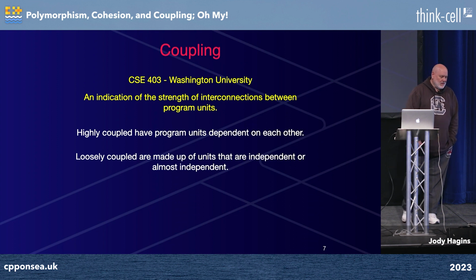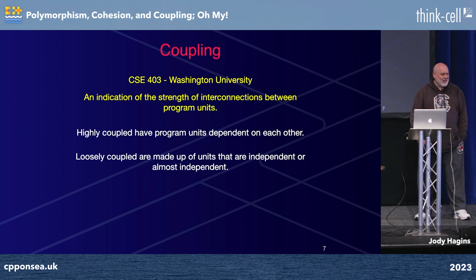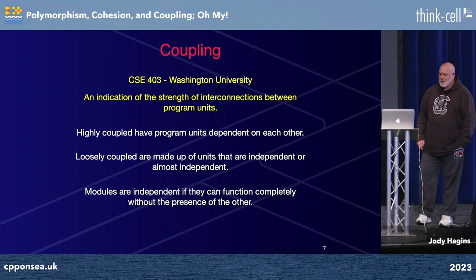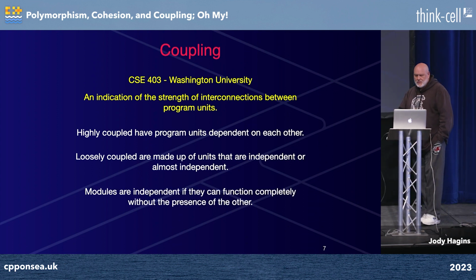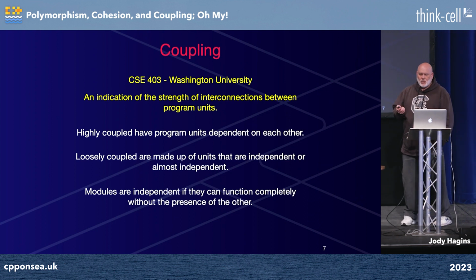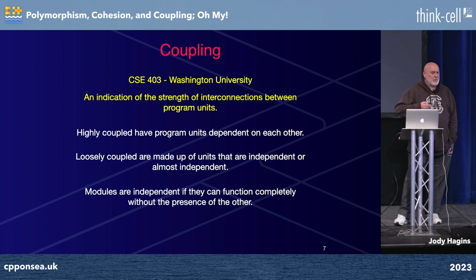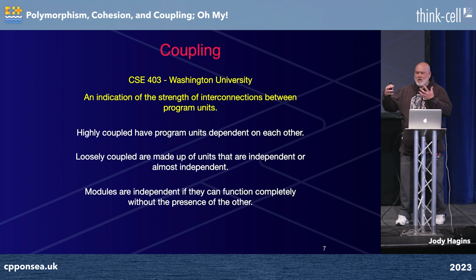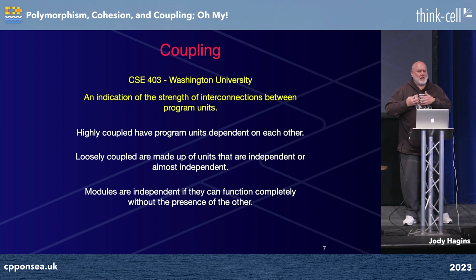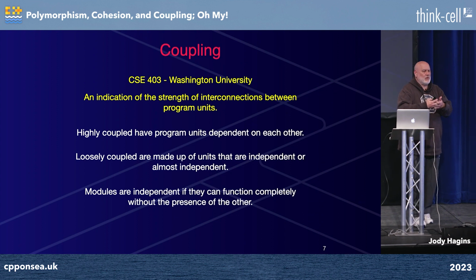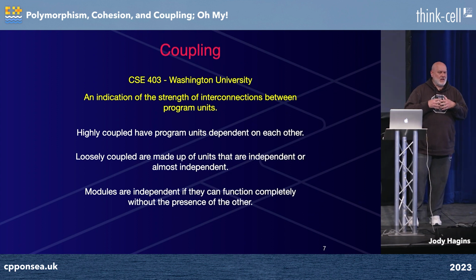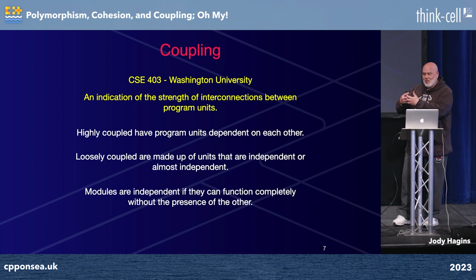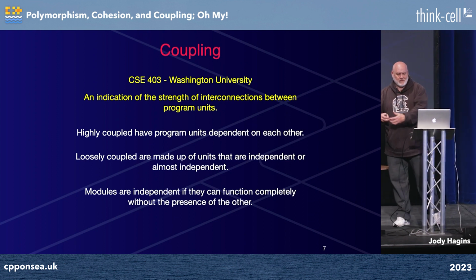Loosely coupled are made up of units that are independent or almost independent. And modules are independent if they can function completely without the presence of the other. So this is the idea of things that have dependencies on one another. How tightly coupled are they? Can these dependencies come and go freely, or once they're made, are they formed in concrete?